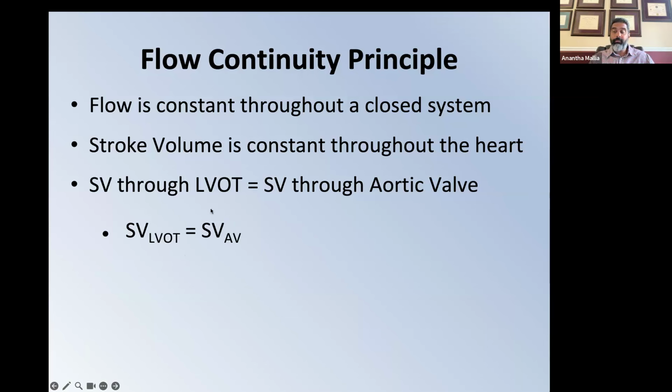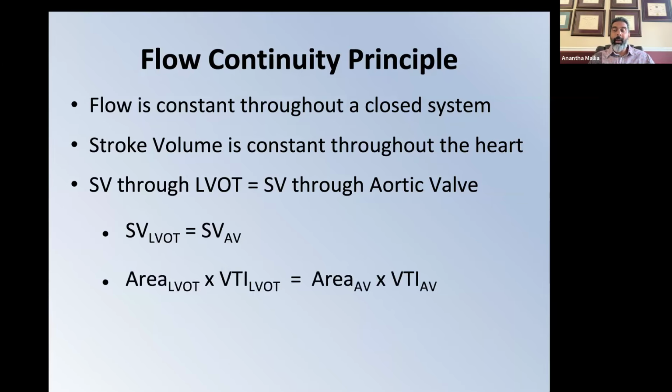And you remember from the quantitative LV assessment that we talked about previously, one way you can measure stroke volume is by multiplying the cross-sectional area of where you're measuring by the velocity time integral of where you are measuring. So in other words, cross-sectional area of the LVOT multiplied by the LVOT VTI has to be equal to the aortic valve area times the aortic valve VTI.